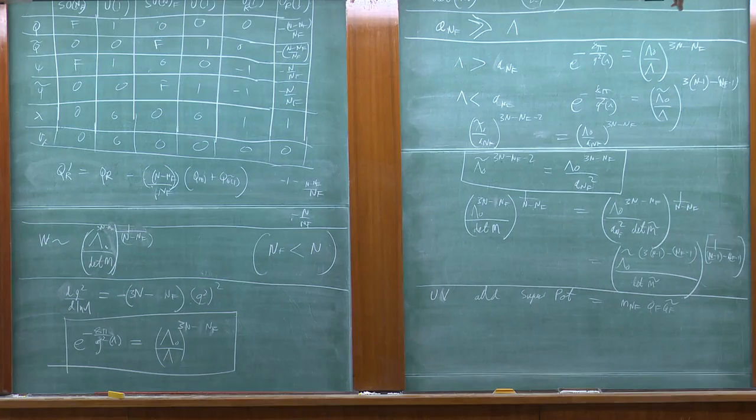Of course, the gauge indices are contracted in the way that is possible because Q transforms in the fundamental and Q tilde transforms in the anti-fundamental. Okay? So this is the thing we're going to do.